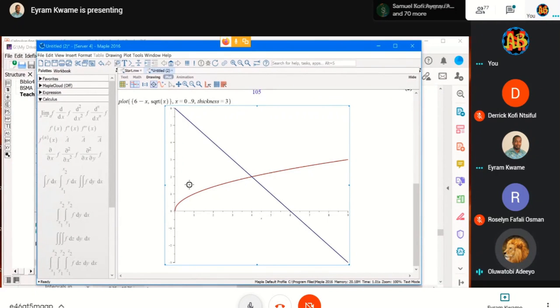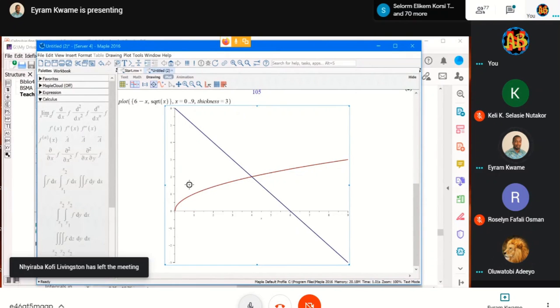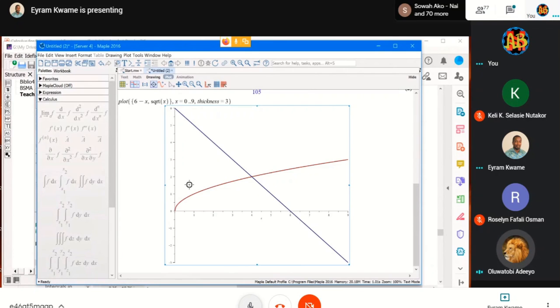Sir, I think the y is going to be 0 to y squared plus y minus 6. Okay, why do we have y squared plus y minus 6? Where did we get the square from? Sir, I equated the line and the curve, as x equals 6 minus y, you wanted to solve.